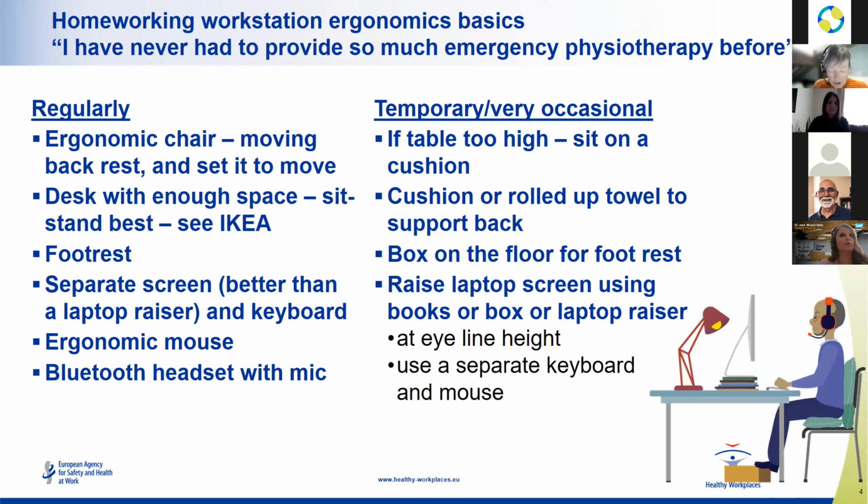So while improvisations to improve ergonomics are possible for short, unplanned teleworking, if workers are teleworking continuously, they need a proper ergonomic workstation. This includes an ergonomic chair, sufficient space for a desk, a footrest, a separate screen and keyboard and ergonomic mouse, and ideally a cordless headset.